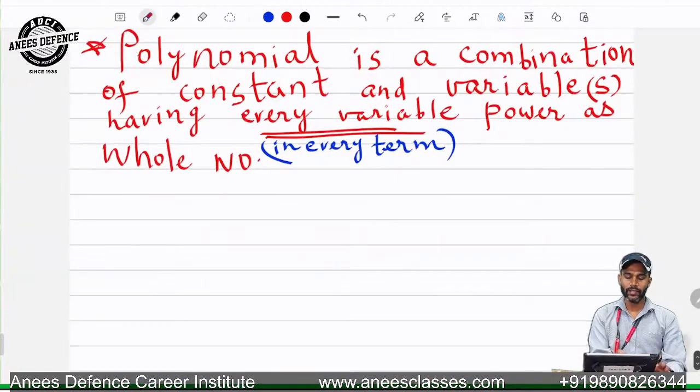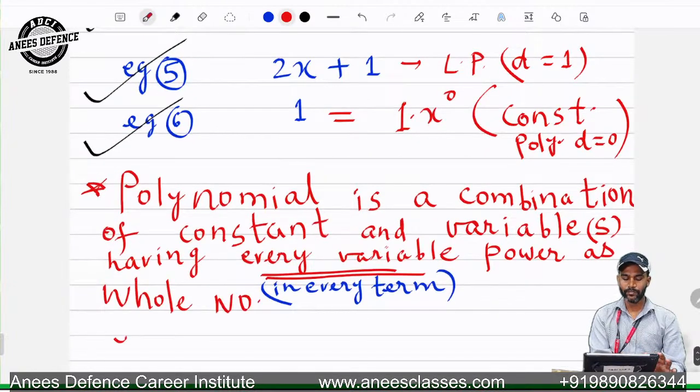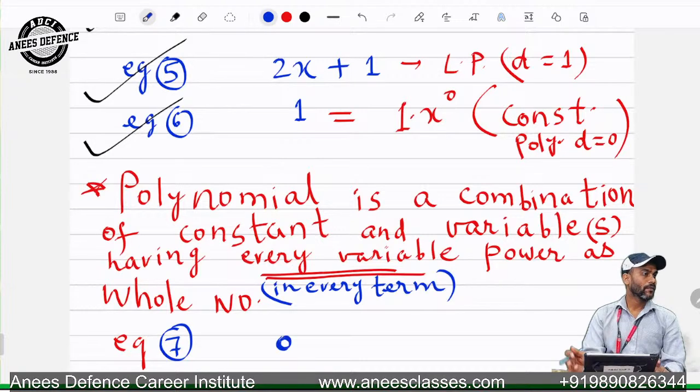Now, the last one, example number 7. Suppose we have 0. Now, just tell me whether it is a polynomial or not, and you have to tell me the degree as well. Can it be constant?